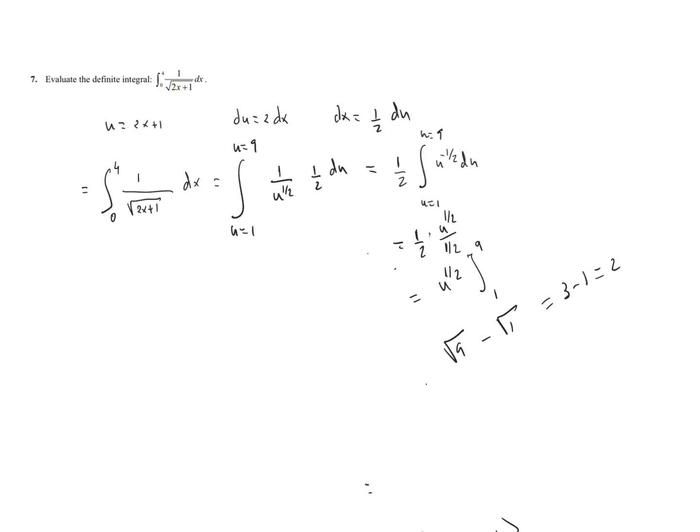Why do we choose 2x plus 1? Because the derivative of u with respect to x is 2. So du is 2 times dx. So dx is sitting down here, then dx is 1/2 of du.